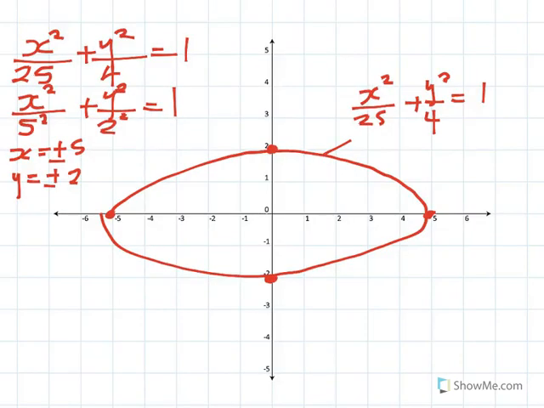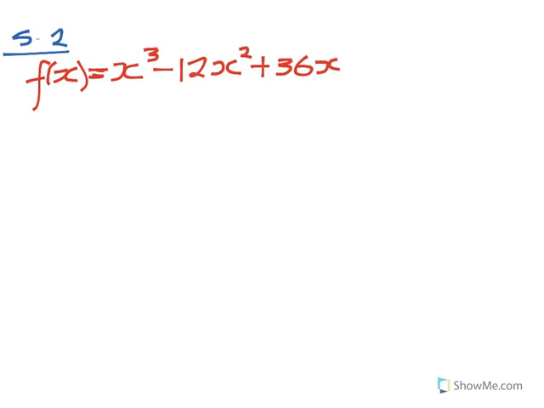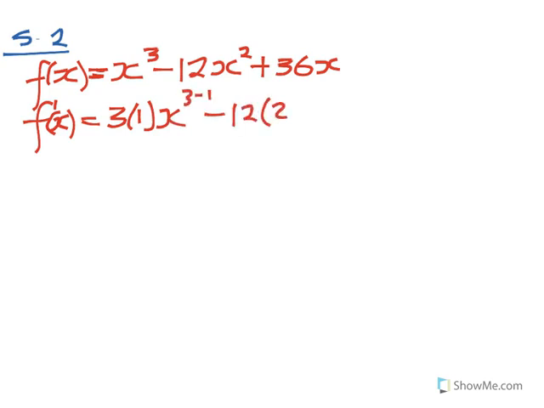It is a cubic graph. So now if you look at that, the first thing that you need to remember is you have to find the dy over dx, or you have to differentiate this graph. F prime x is equal to 3 times 1 x to the 3 minus 1, minus 12 times 2 x to the 2 minus 1, plus 36 times 1.